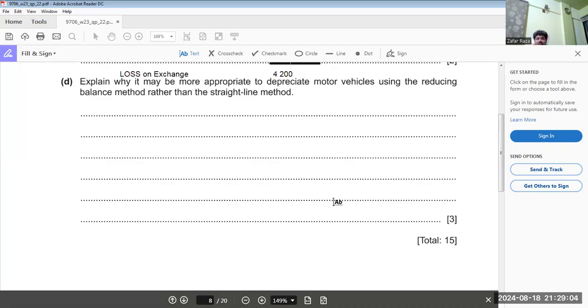They are very efficient, but their efficiency is decreased. As far as cupboard or furniture is concerned, there is no efficiency as a controlling factor. So when efficiency is not a controlling factor in an asset, we use a straight line method. And when efficiency is a controlling factor, we use diminishing balance method. Getting my point clear? Okay.